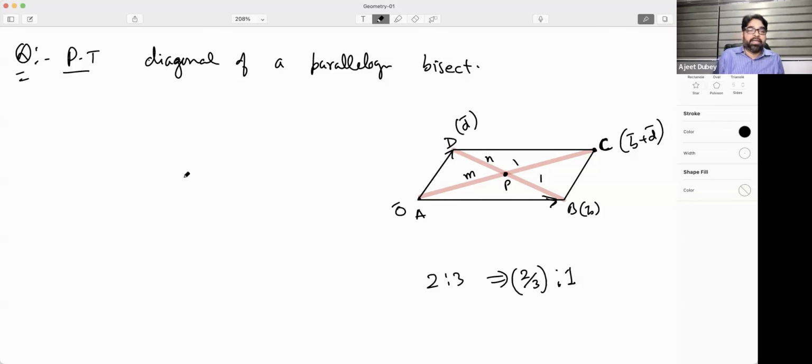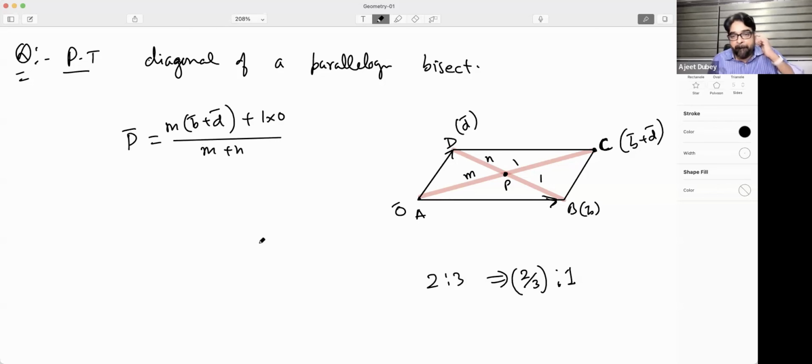Let's say this point is P. Can I get the P position vector by using A and C? Yes, sir. Tell me what. M into this. Wait, M is attached with this, so it will multiply here: m into B plus D, plus 1 into 0, divided by m plus 1.